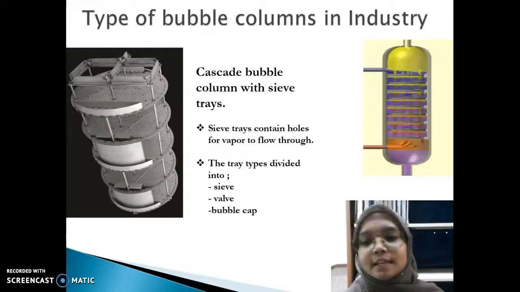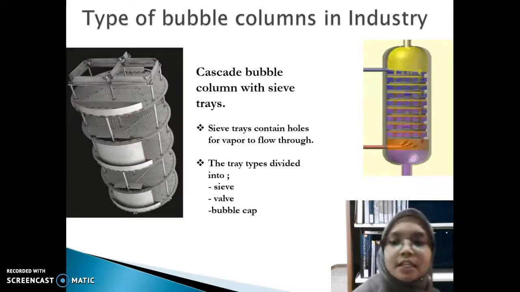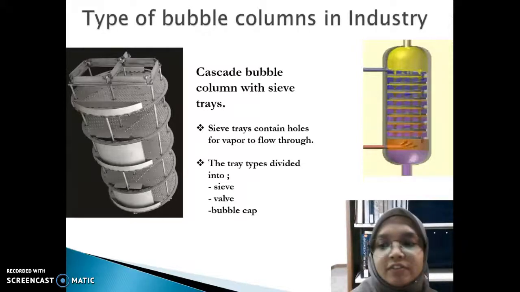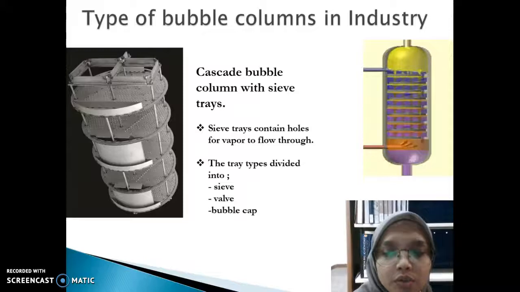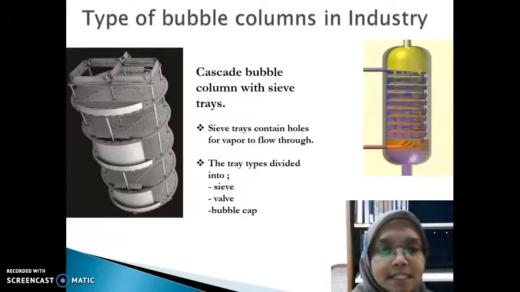There are other types of trays used in industry, which are valve and bubble cap trays. Valve trays have the same concept as sieve trays, as they contain holes with opening and closing valves. However, bubble cap trays contain caps that allow vapor to flow through tiny openings in the liquid.